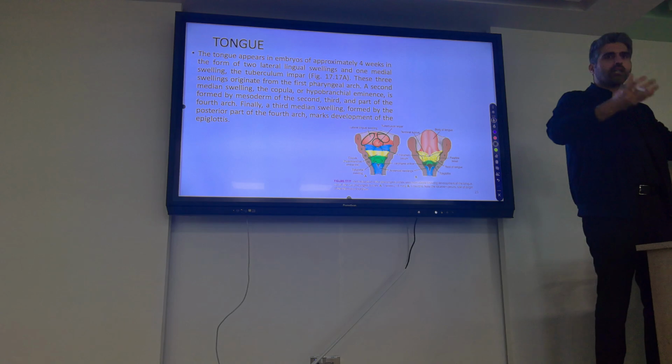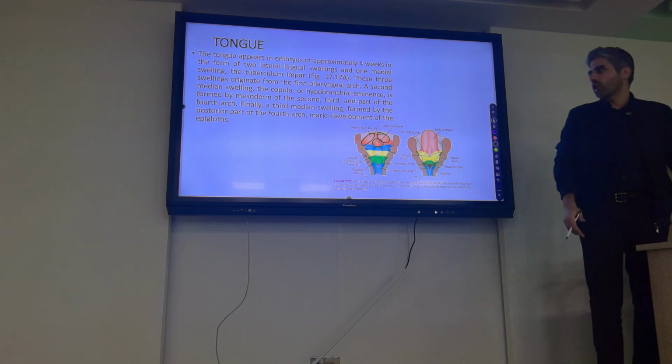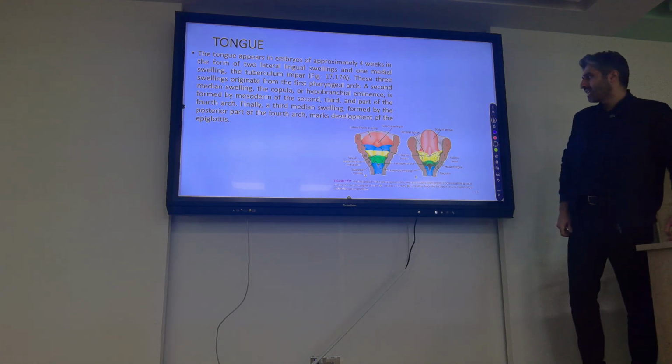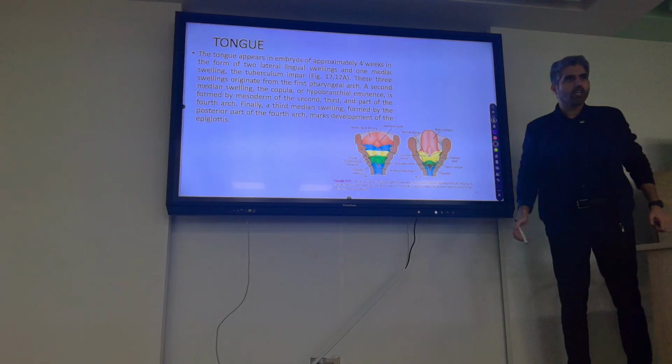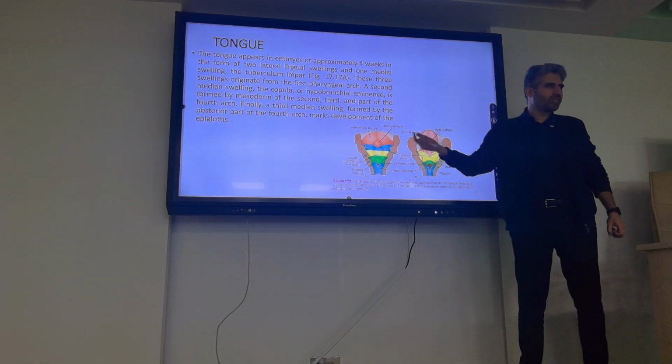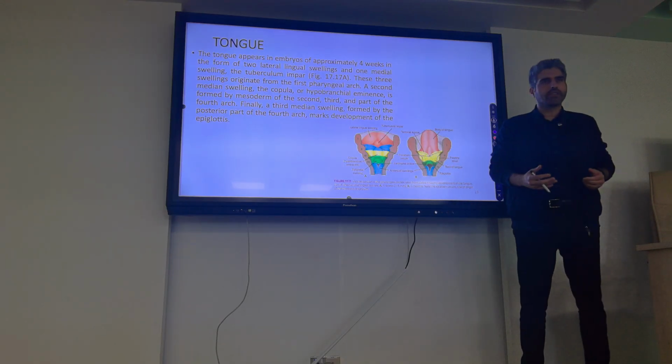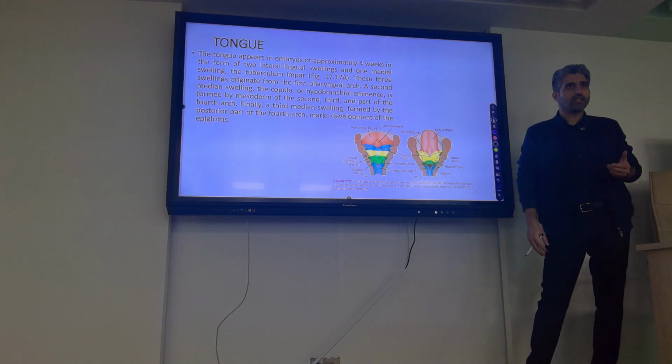Then they attach together and make the body of the tongue. The second arch is very small. I told you the second arch is not very obvious, but the special sense of the anterior 2/3 is made by the second arch.